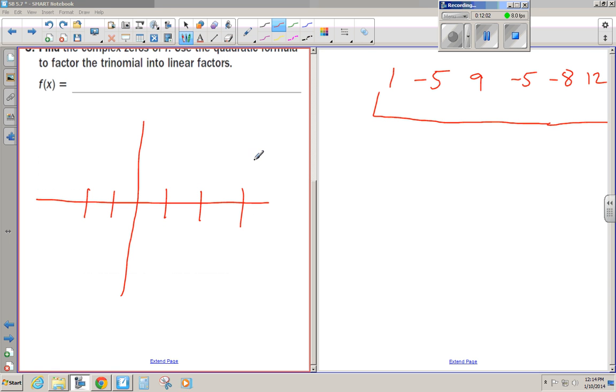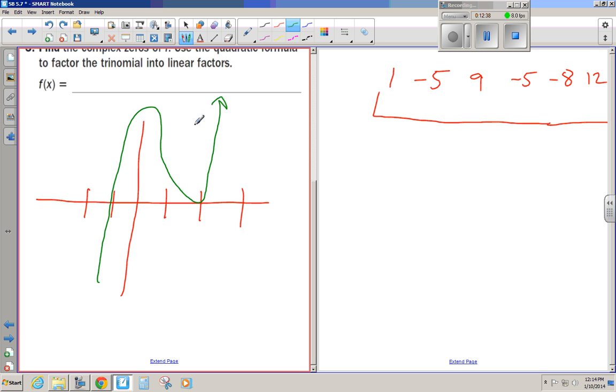When I graphed this equation, it came up, drops down, barely touches there, and then goes back up again.